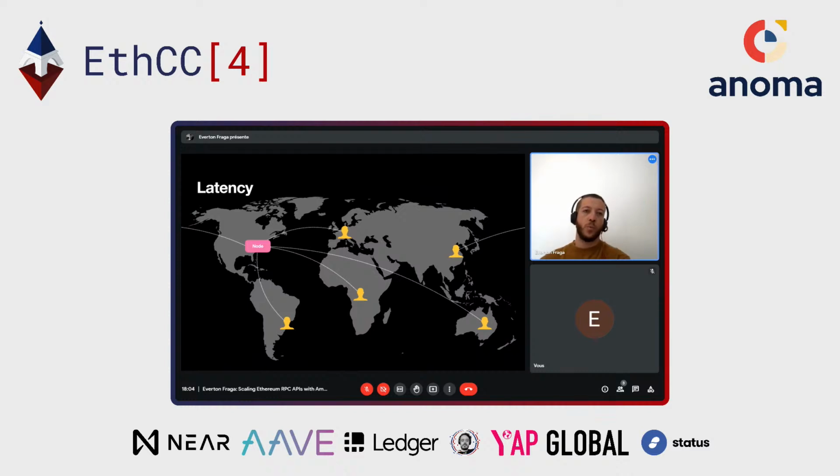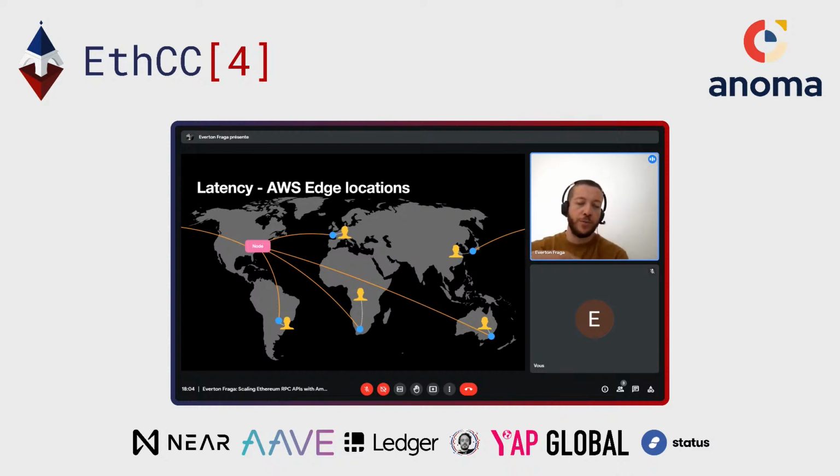So AWS provides several edge locations. Not only regions, but we're present on several parts of the globe. So instead of having those requests traveling the entire or half of the world just to get to the node, we could have those users accessing specific AWS endpoints, and then those requests would turn into these orange lines.